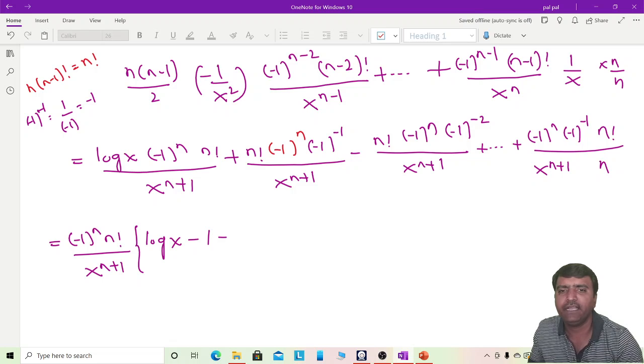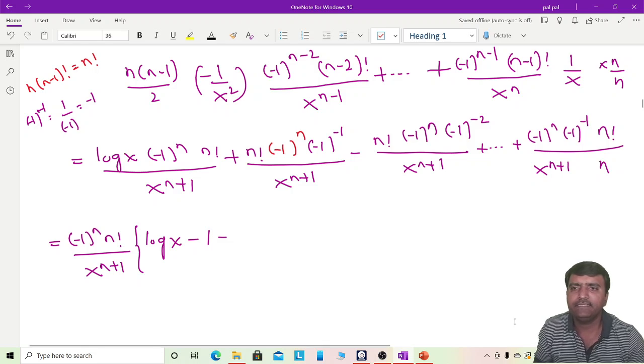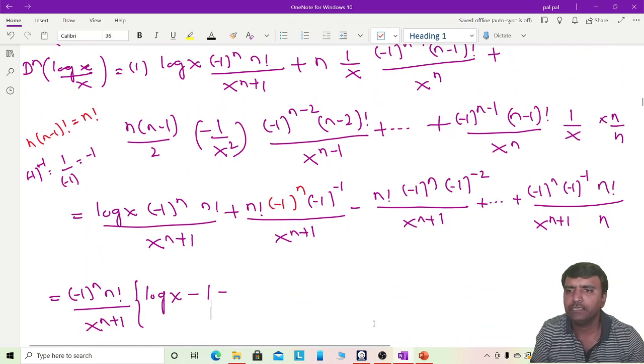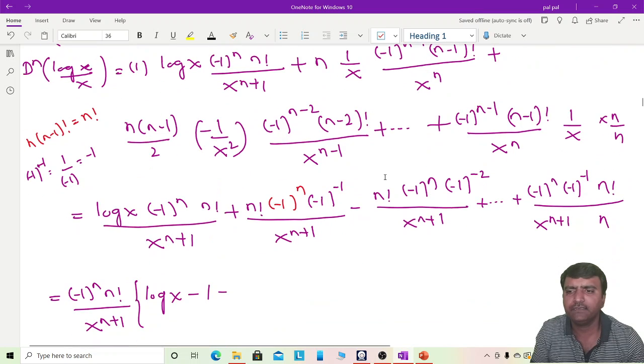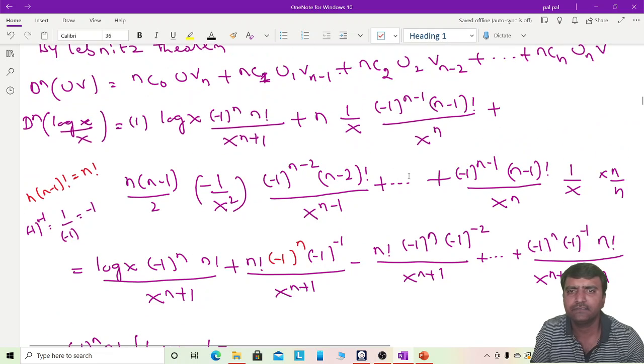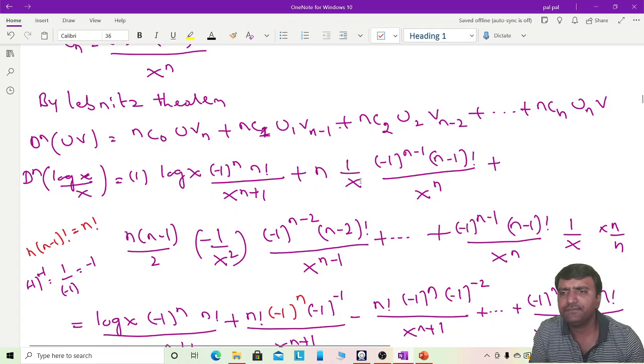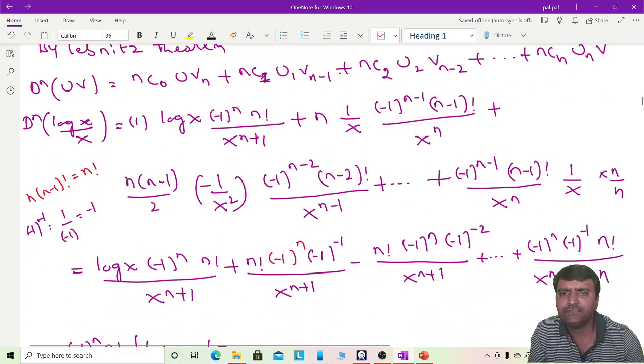We are taking n factorial and minus 1 to the power of n as common factors.